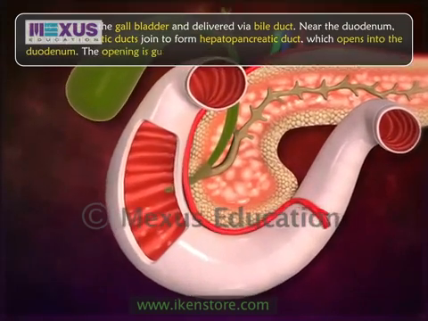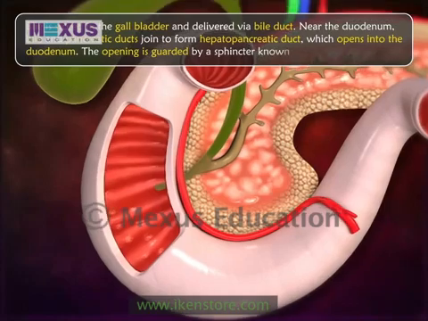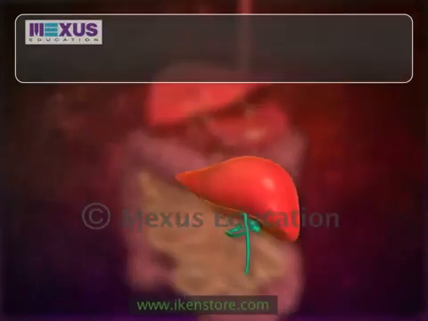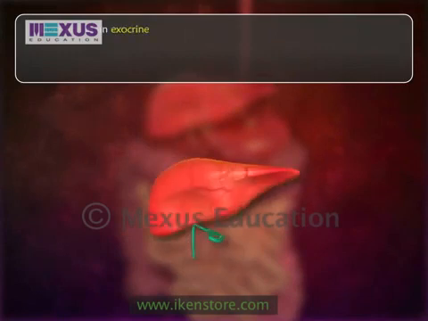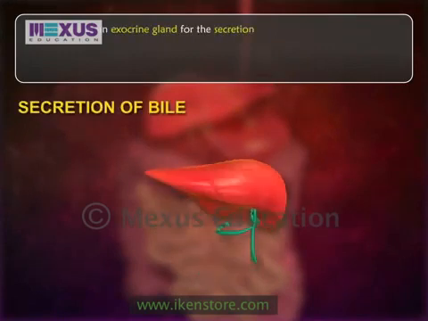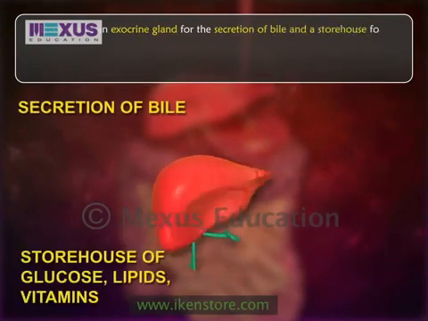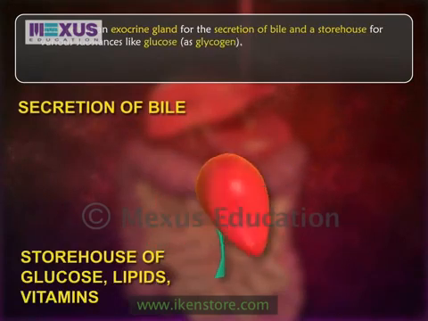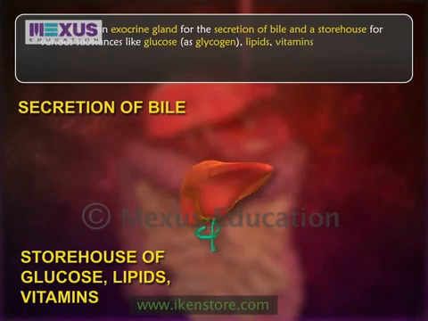The opening is guarded by a sphincter known as sphincter of Oddi. Liver acts as an exocrine gland for the secretion of bile and a storehouse for various substances like glucose as glycogen, lipids, vitamins and iron.